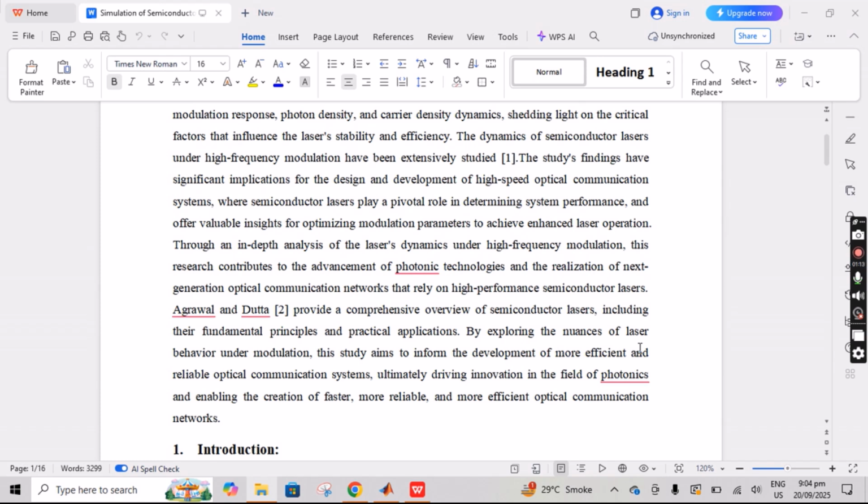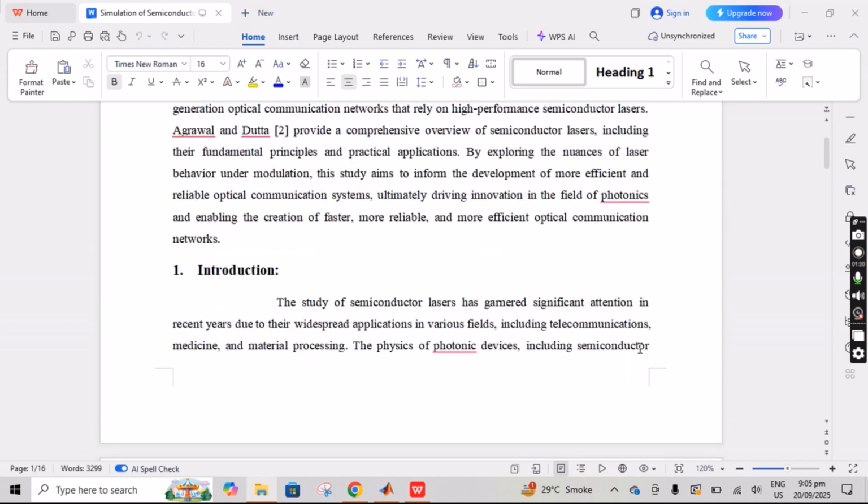We are driving innovation in the field of photonics, enabling the creation of faster, more reliable and more efficient optical communication networks.